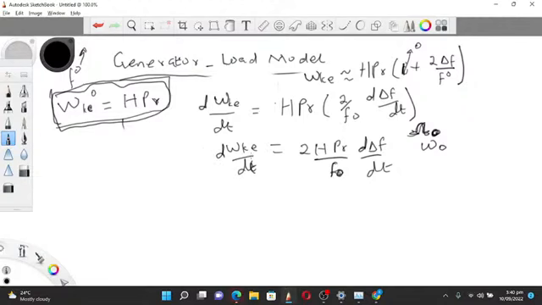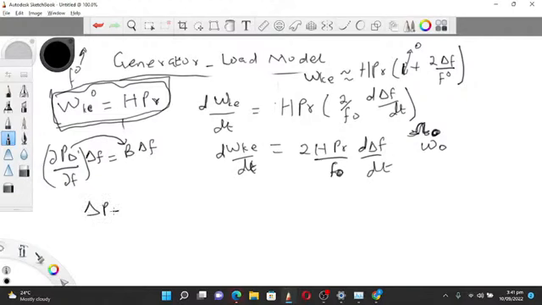What of the load? That one can be expressed as del PD del F times change in F, and we are calling del PD del F as B. So we have these expressions and we can put them together.